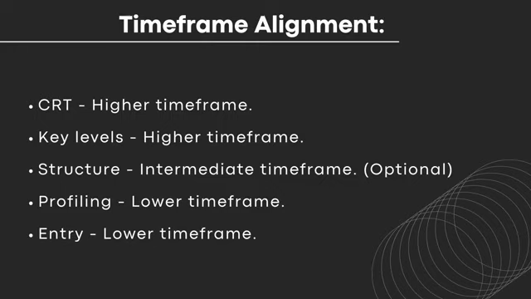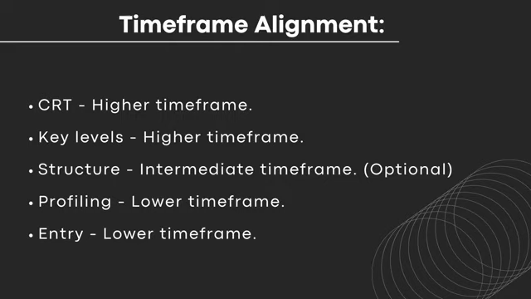Then we've got the intermediate time frame, on which we'll determine structure and order flow. Structure is basically seeing whether price is breaking highs and rejecting lows, or it's rejecting highs and breaking lows. That's what we call structure on a fundamental level. We're going to discuss structure in detail in other chapters too.